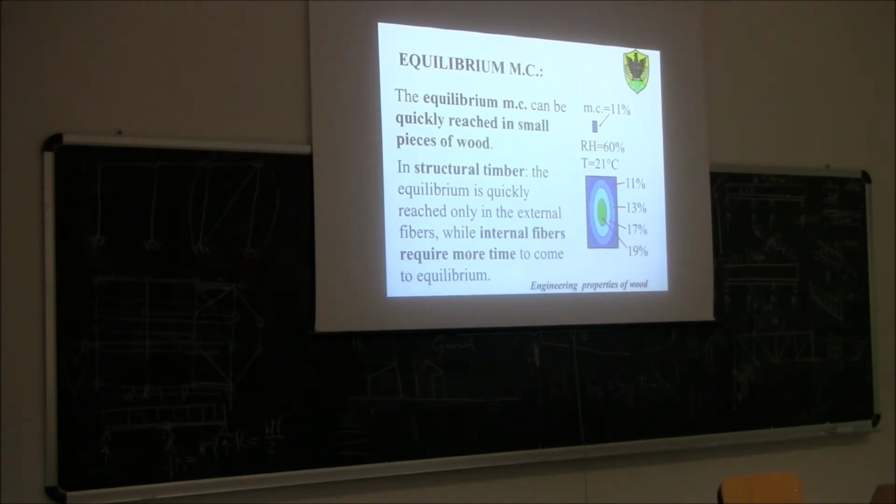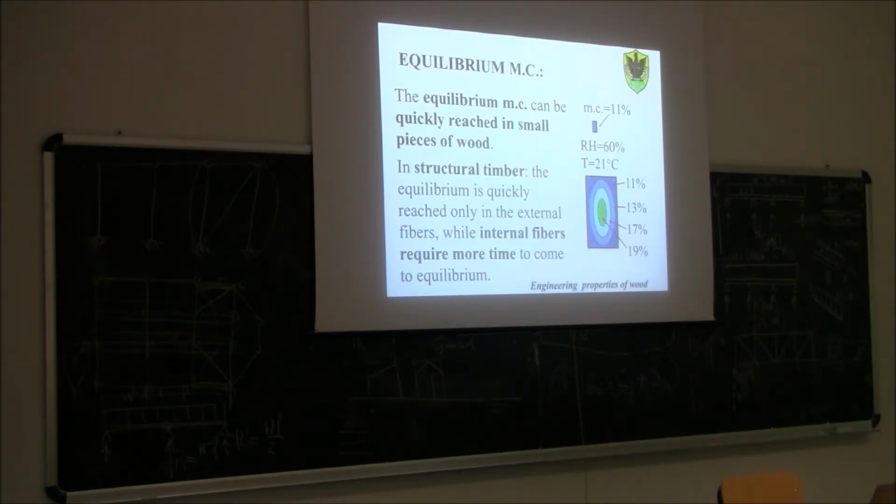Why are we talking about equilibrium? Because this is eventually the value of moisture content toward which the whole cross-section will tend, but in the long term, not immediately. We are interested because, for example, we may have to build a swimming pool.